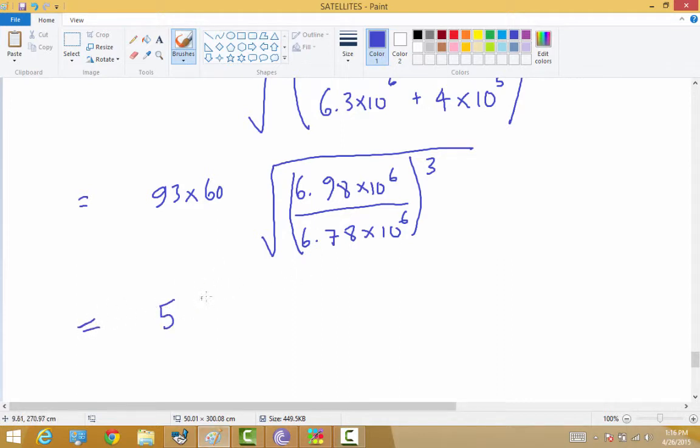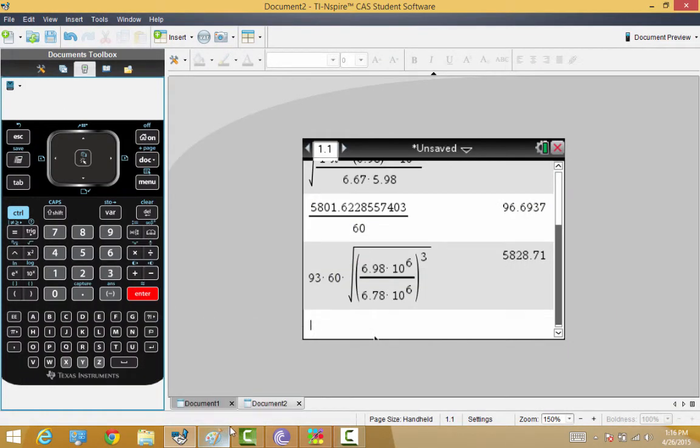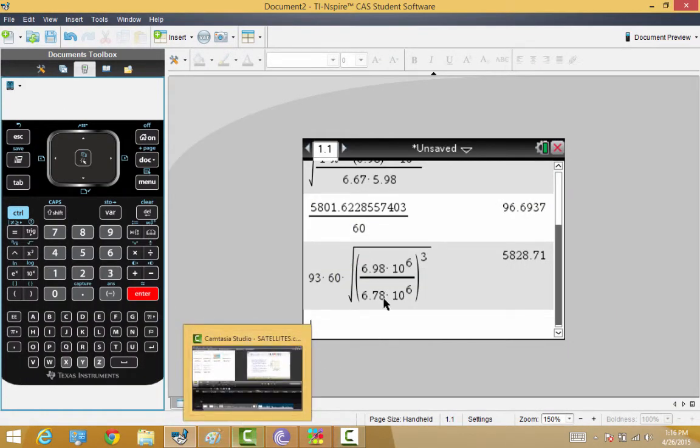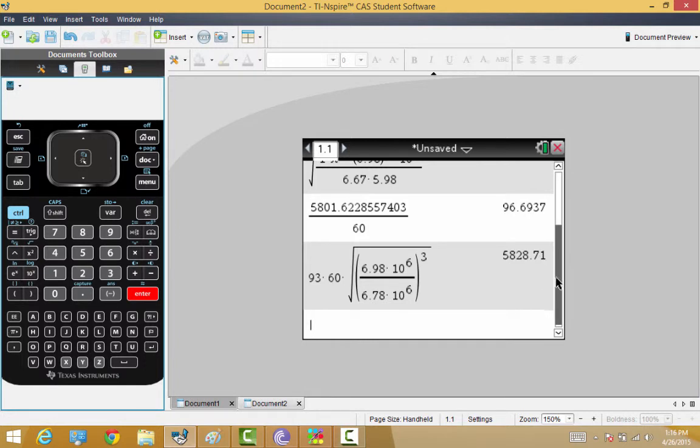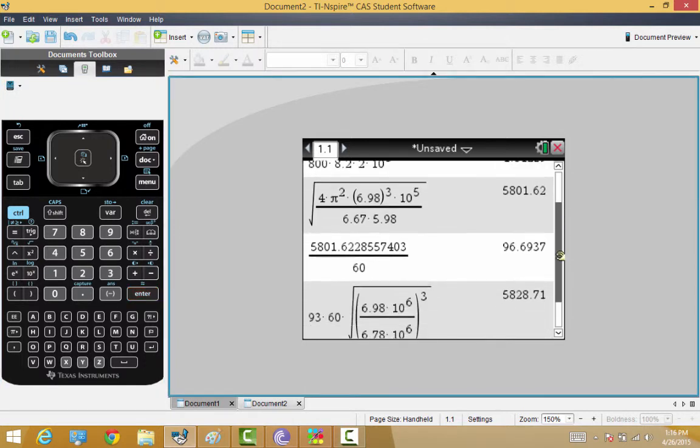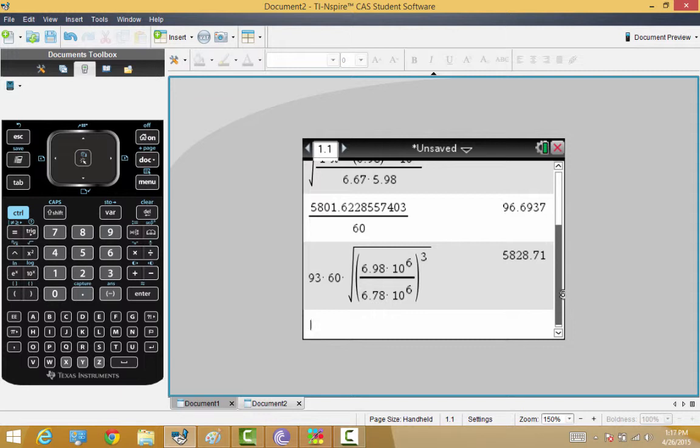So 5,828 should be similar to our previous period we calculated before, and it is not. We'll see why though.